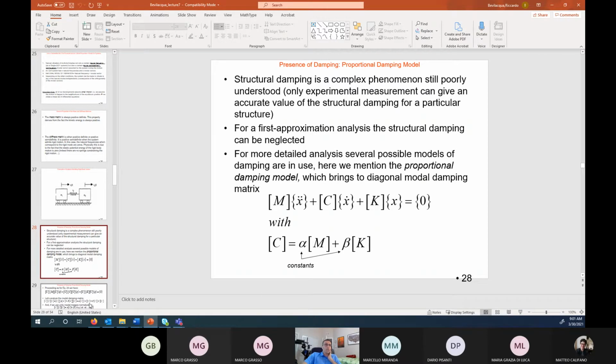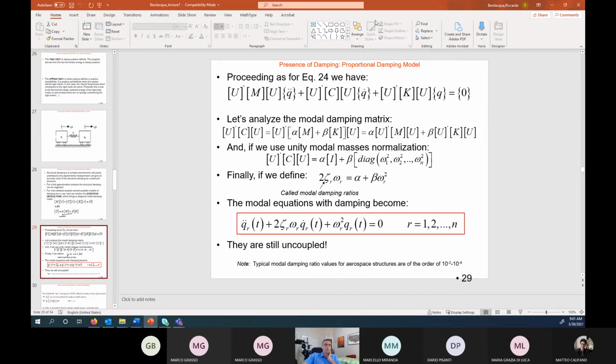So we make this approximation. If we include the C matrix and we do everything that we have done before through the exercise to decouple the dynamics, we find, without going too much into the details here, we use the unity modal masses normalization, and then U transpose C U will become an identity matrix because I've normalized the modes with the normalization that was the third one.